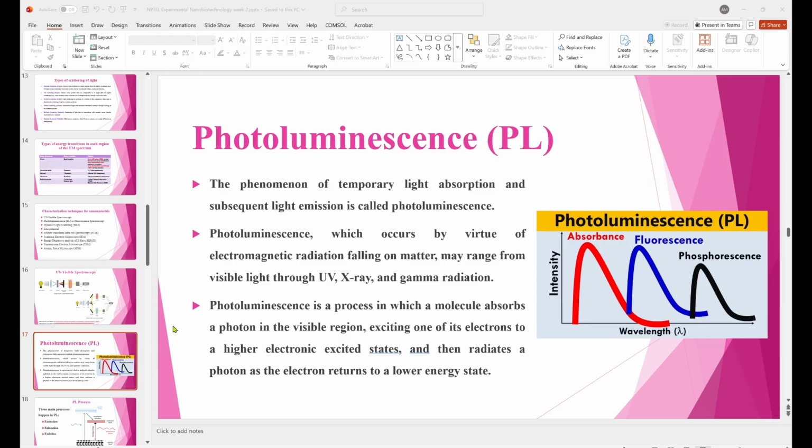This is known as quenching, because whatever energy is being released is absorbed by some other molecule in the vicinity. It can undergo some internal conversion, which is also non-radiative, and come down to the ground state. And you get fluorescence when it is radiative, when the molecule releases a wavelength which is different from the absorption wavelength, which is h nu emission here. Then it is known as fluorescence.